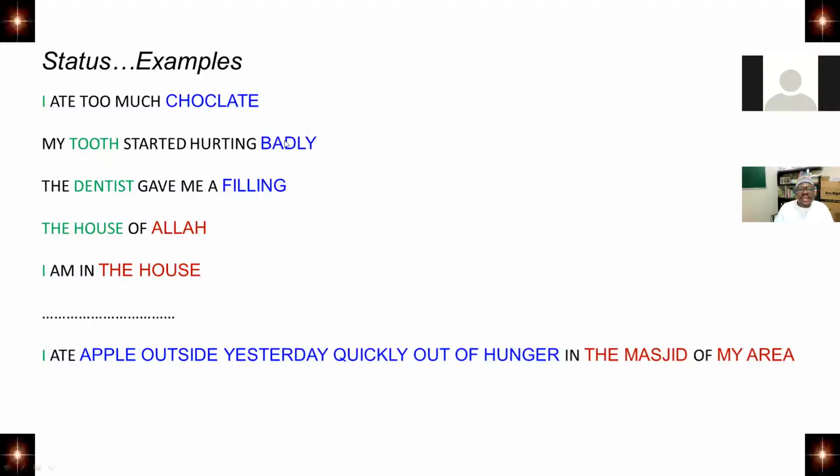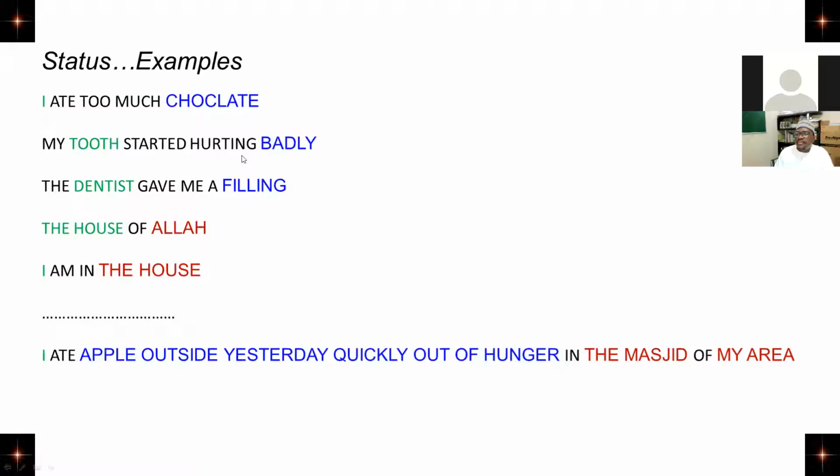The tooth is the one that started the action of hurting, and how was it hurting? Badly. So this describes how the hurting is. Badly is also in nasb status because it is in the bucket of the victim, or what is happening. Yes, tooth is in rafa status and badly is in nasb status.